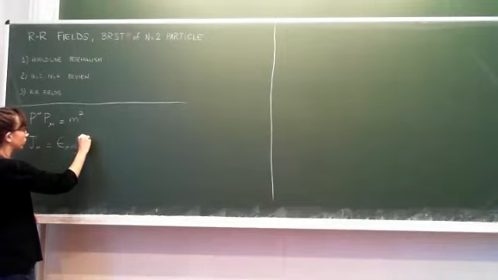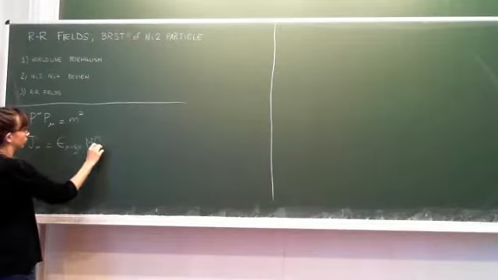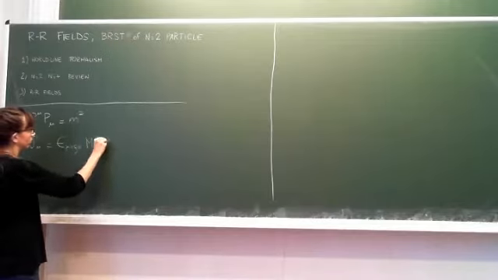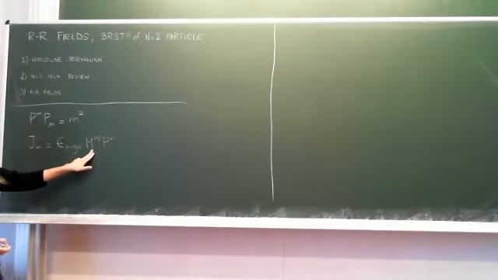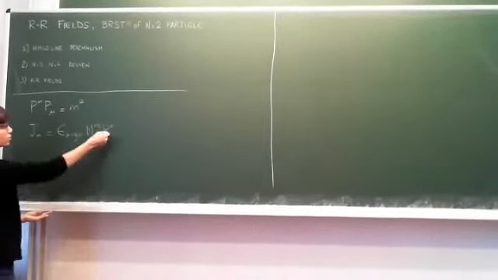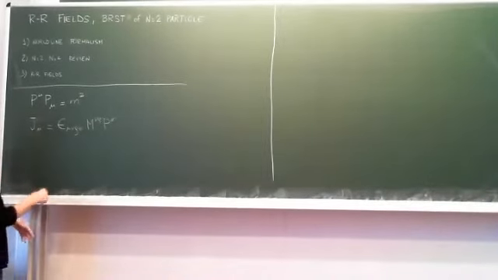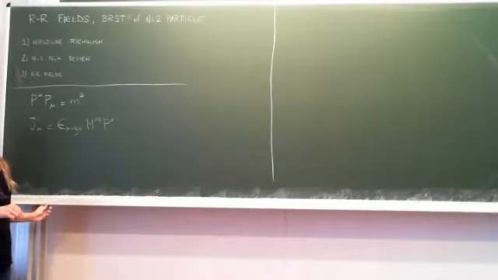Here P are momenta and M are angular momenta. So this is a second Casimir, and therefore you can classify all the irreps by the mass and the spin.